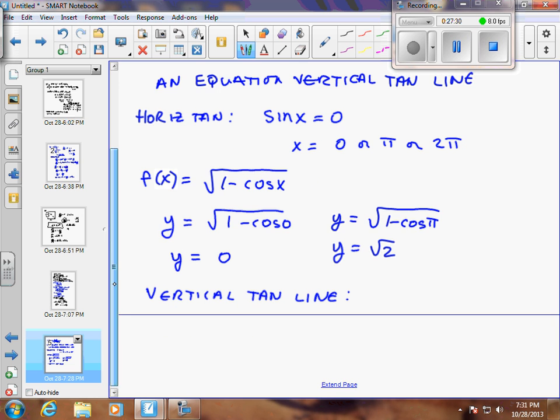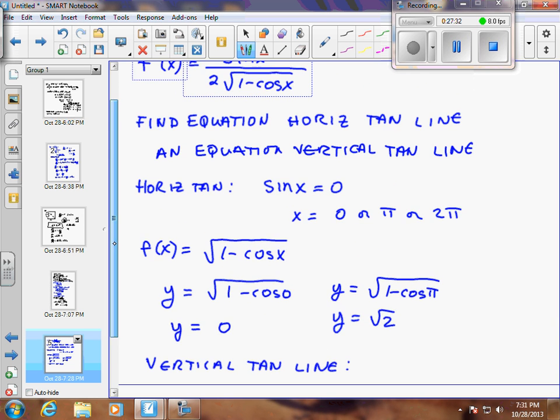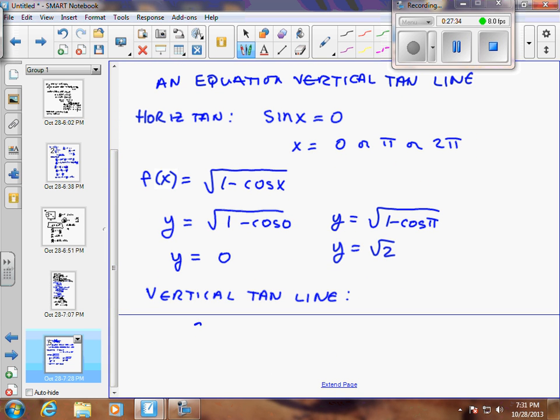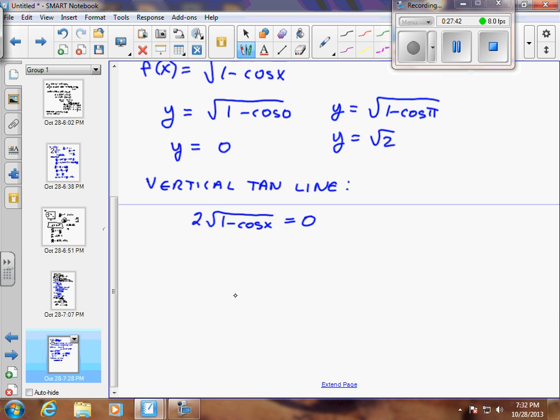And the denominator was 2 square root of the quantity 1 minus cosine of x. I want to see where that will be equal to 0. So how do we solve that? Excellent. Divide by 2 and square both sides.